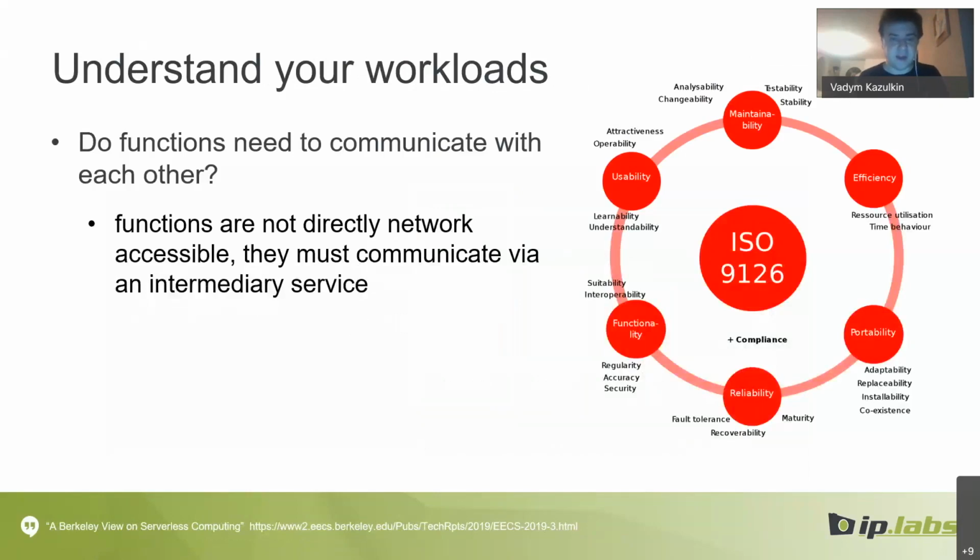Another thing is that if you need one function to call another function, there are two lambdas connecting together, just by the service because they are not directly accessible. And that means that if you have a huge payload for your function, then it should be serialized and then deserialized by the code.